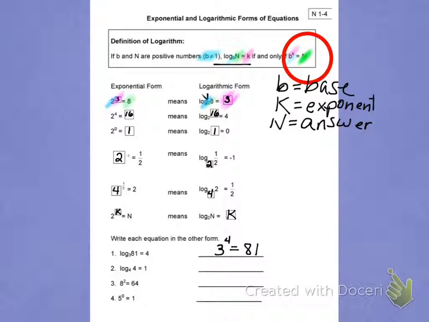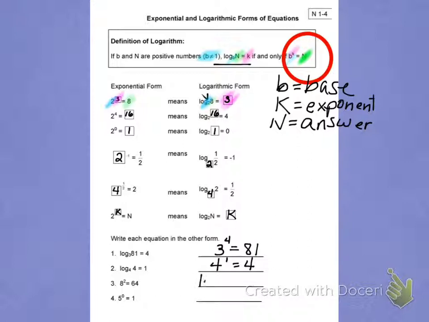The base in the second problem is 4. 4 to the 1st power equals 4. So we've gone from log to exponential. Now in 3 and 4 we're going from exponential to logarithm form, and we use the word log to stand for logarithm.